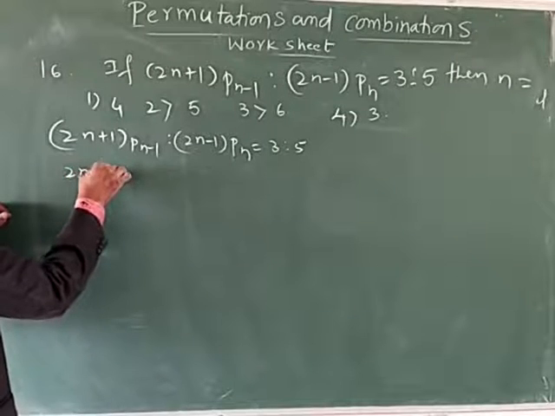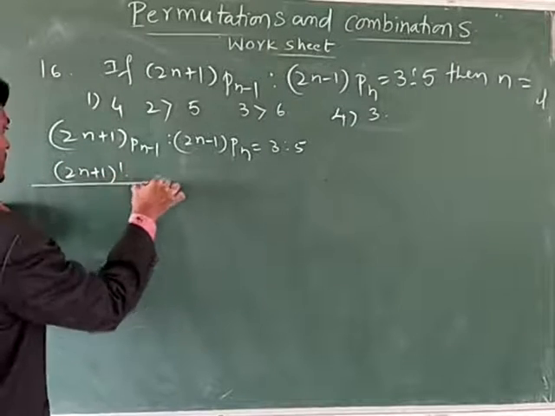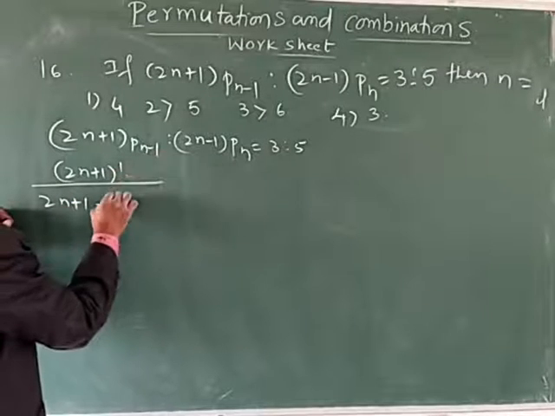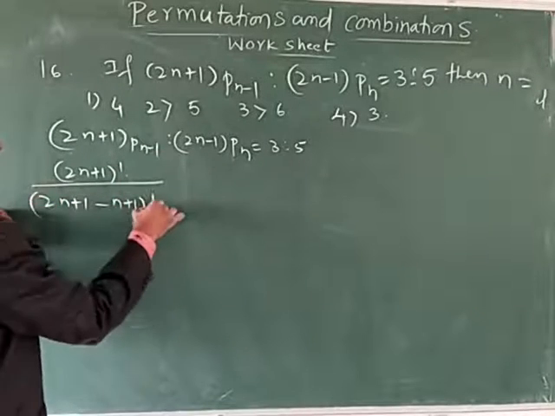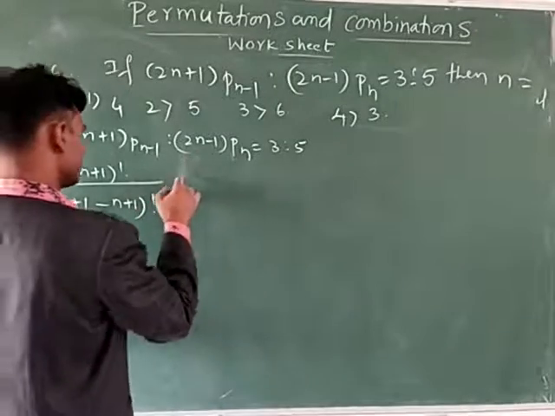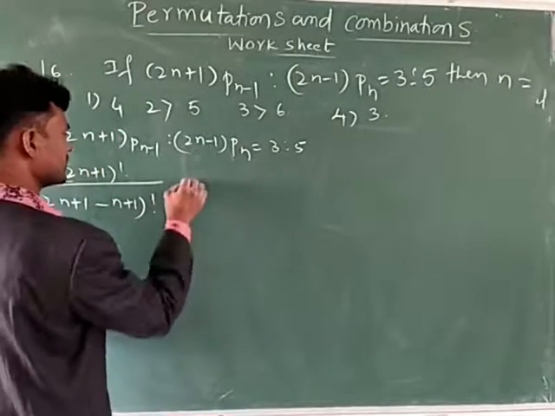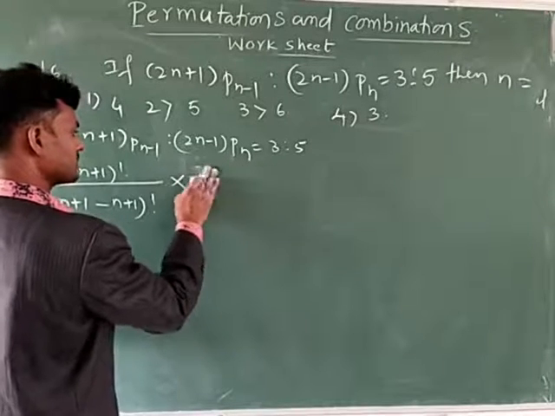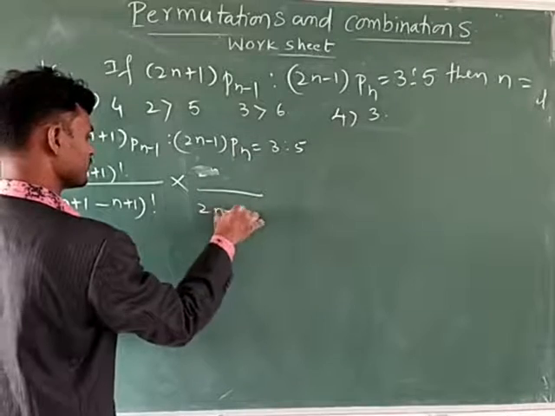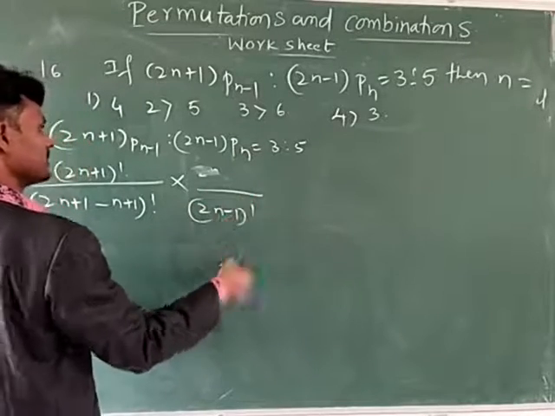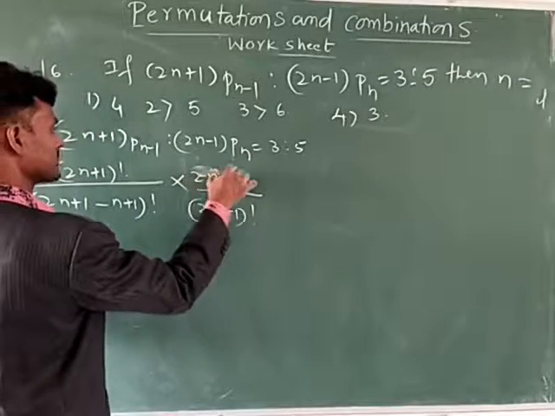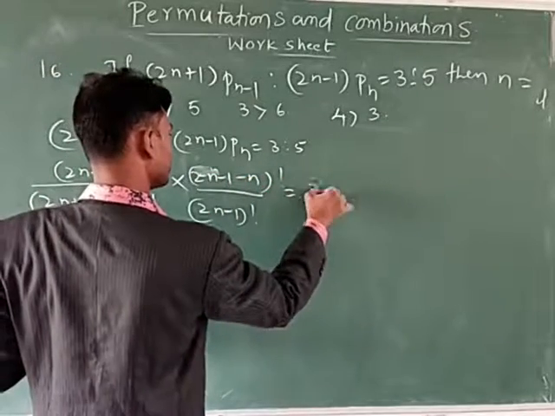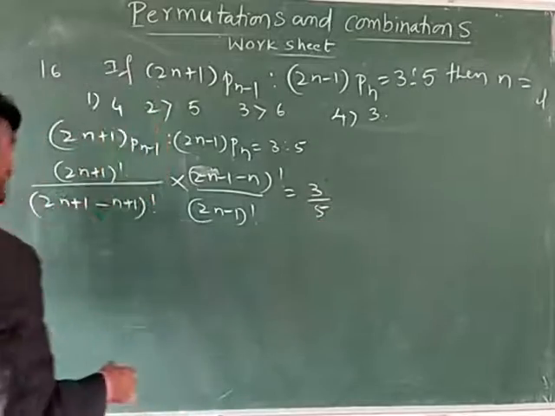Then (2n plus 1) factorial by here (2n plus 1) minus (n minus 1), means (n plus 2) factorial, in the denominator. Then directly (2n minus 1) factorial by (2n minus 1 minus n) factorial is equal to 3 by 5. 3 by 5. Now see here.